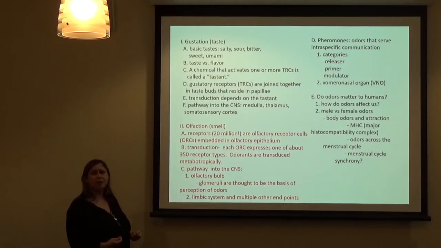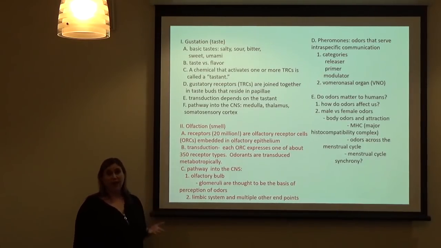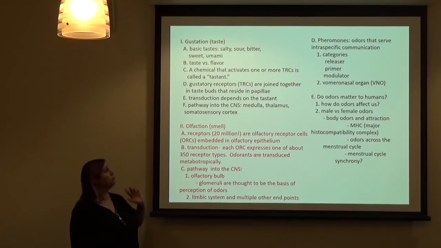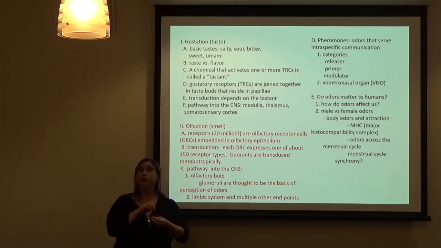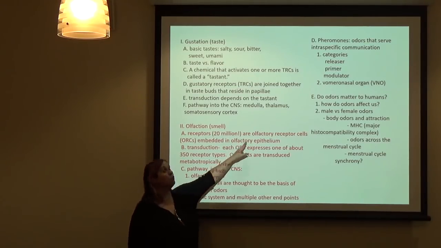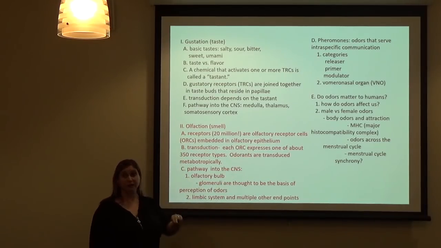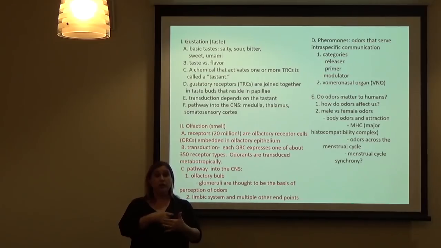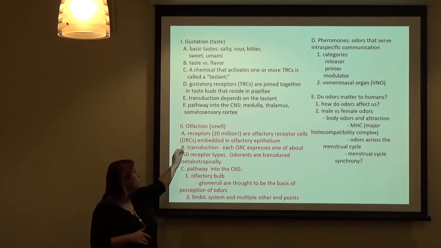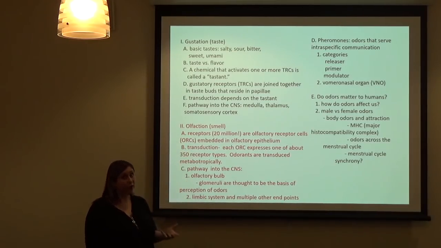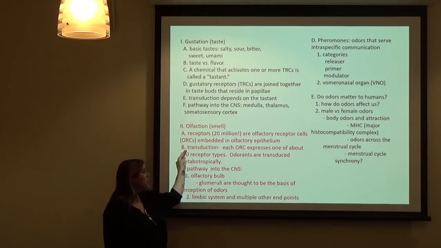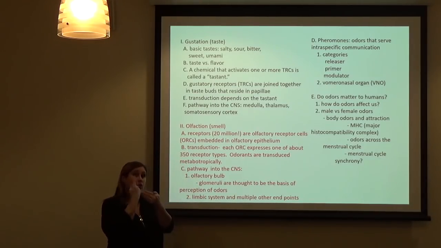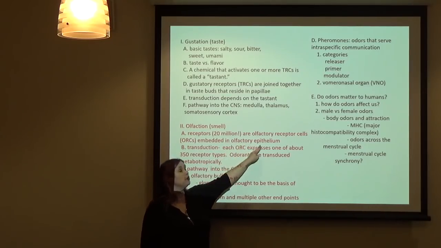Okay, so now I'm going to talk about your sense of smell. The technical word for your sense of smell is olfaction. The receptors for olfaction, the cells that do the transduction, are called your olfactory receptor cells, or ORCs. The transducing cells for taste were called TRCs, taste receptor cells, and for olfaction, they're called ORCs. The place where they are is way up in your nose, called the olfactory epithelium.